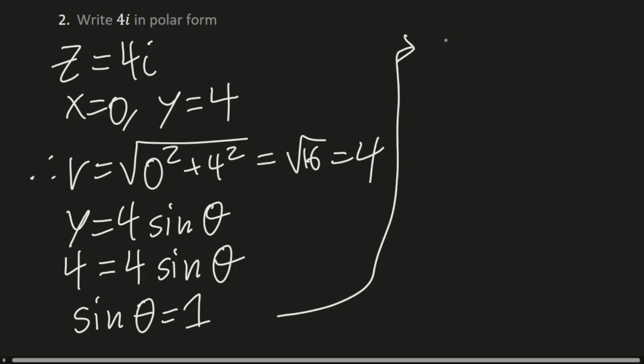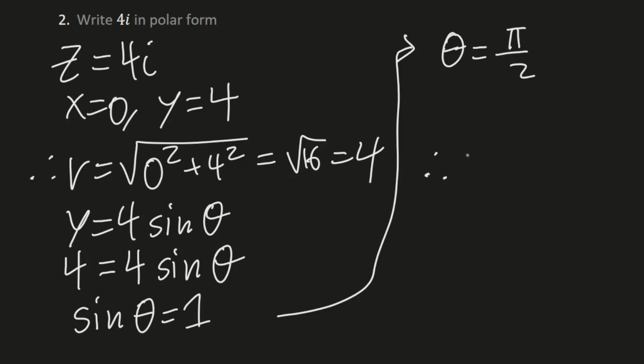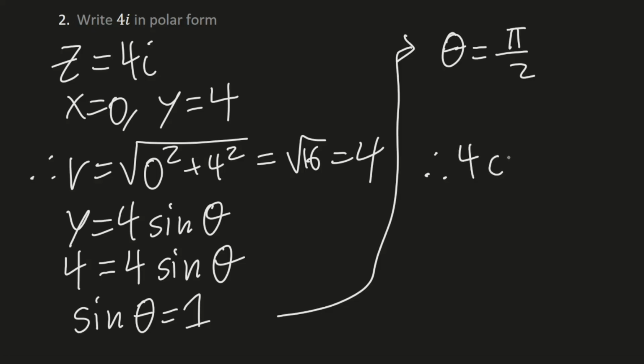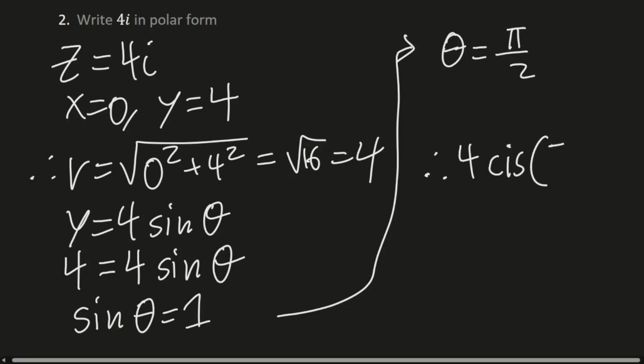And theta is pi over 2. Yeah, so 4i is equal to 4 times cis pi over 2.